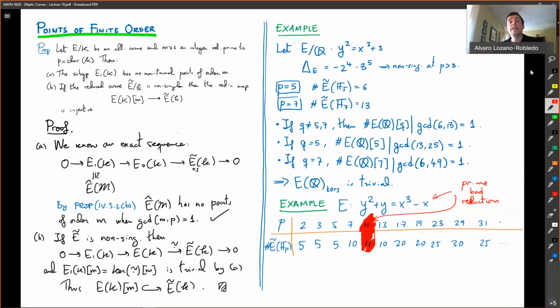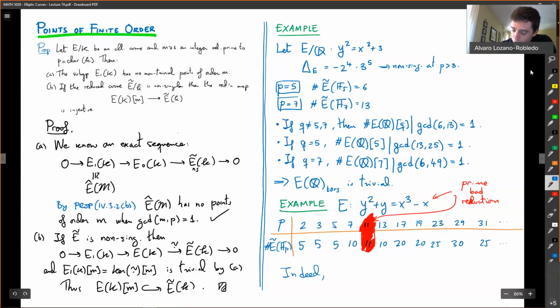So this gives you a hint that there could be torsion defined over Q, and indeed, we will figure out how to do this.